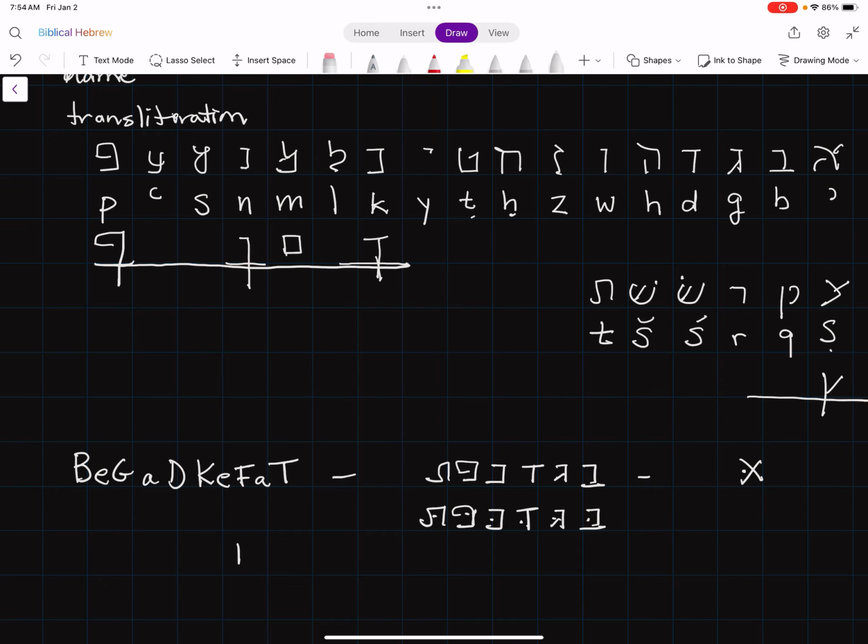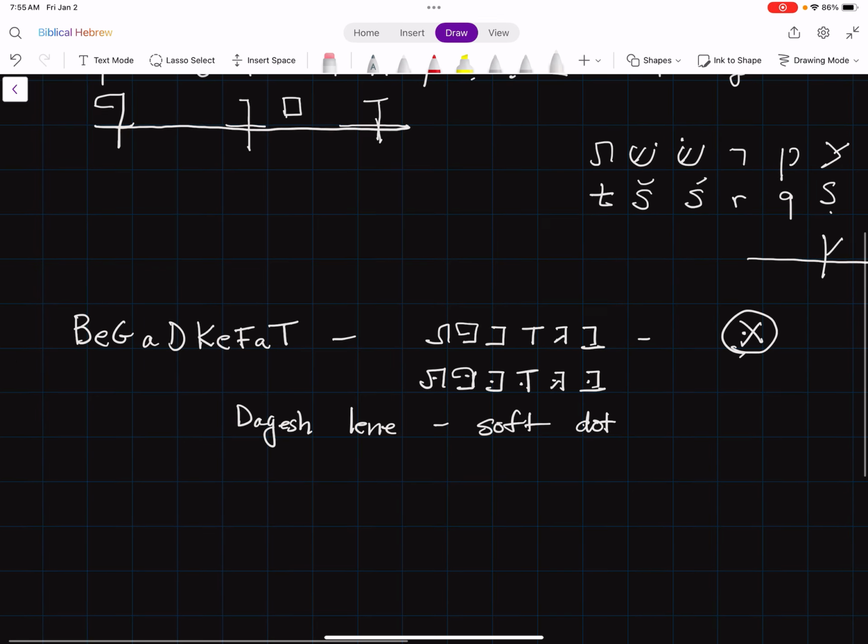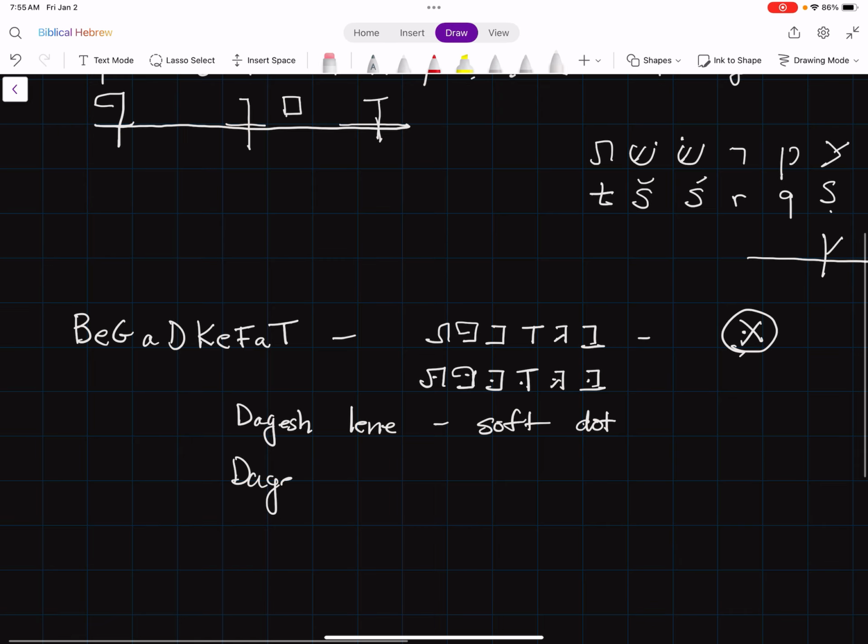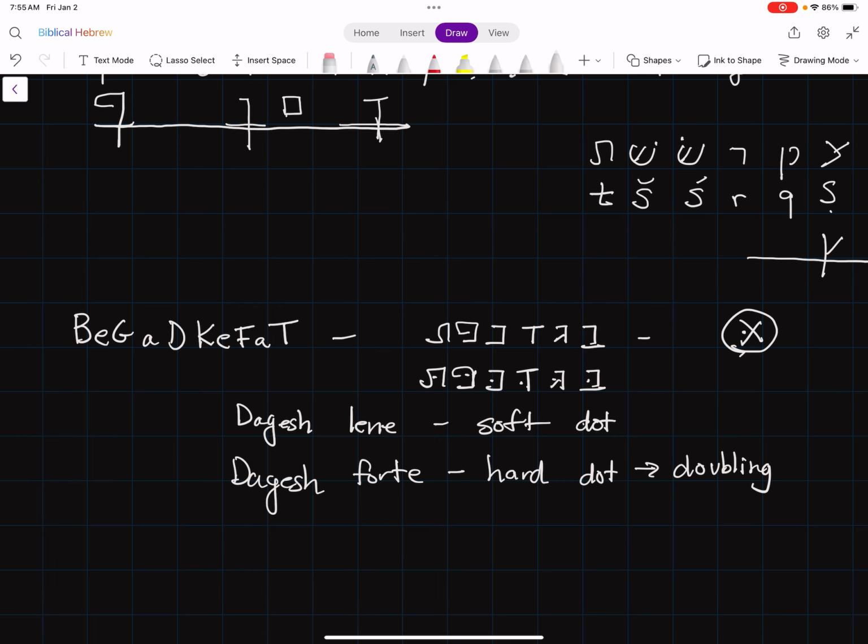So, Dagesh Lene means a soft dot in the middle of the consonant, as opposed to Dagesh Forte, a hard dot. The hard dot refers to doubling of the consonant.